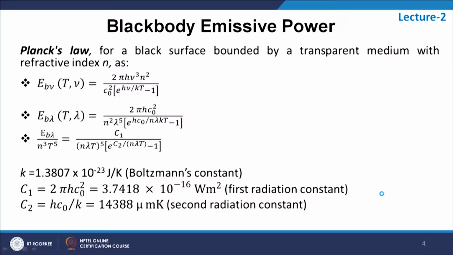Lord Rayleigh, Jeans, Wien, a lot of scientists tried to explain how solar radiation behaves, and later on Max Planck came up with a mathematical relation which we now know as the Planck function or black body emissive power, and this relation is given in frequency and also in the wavelength region.